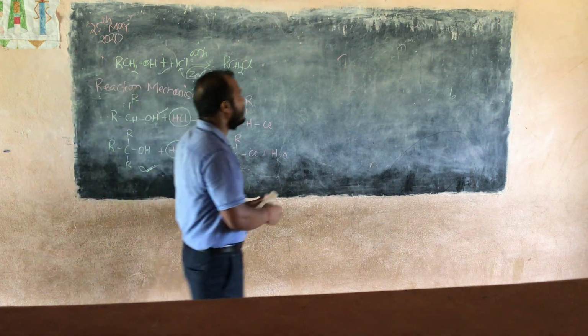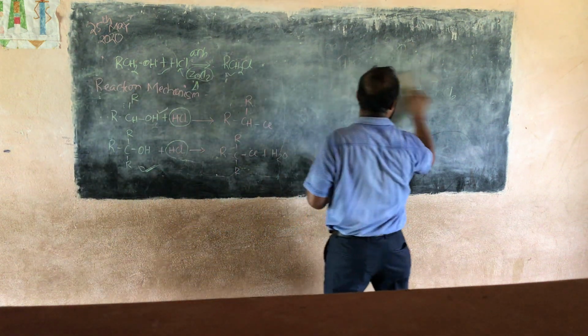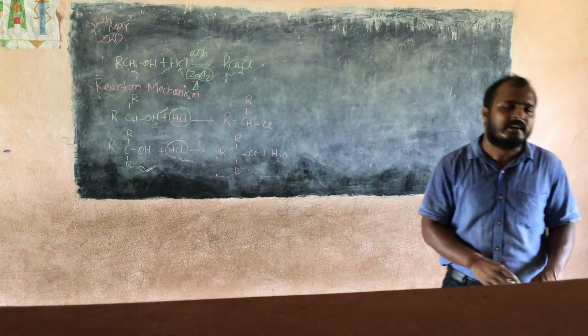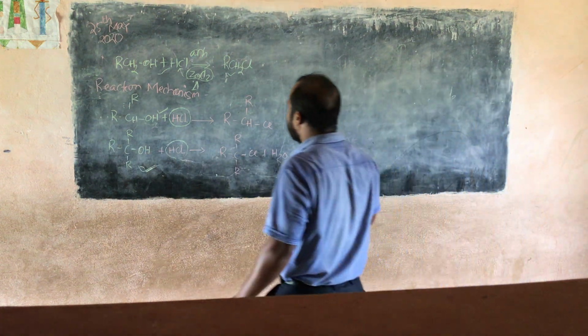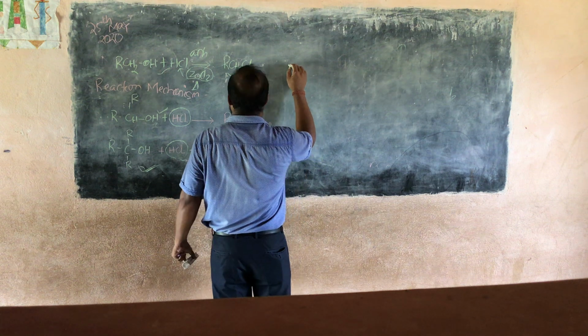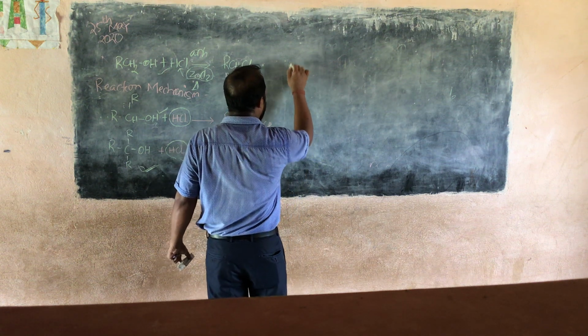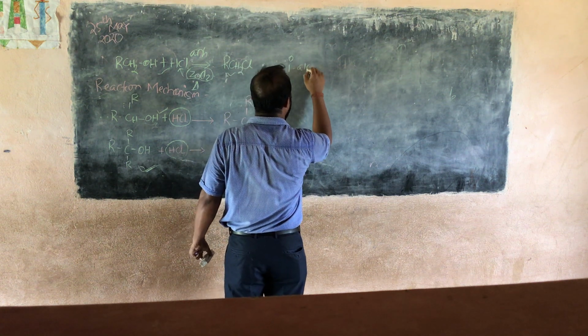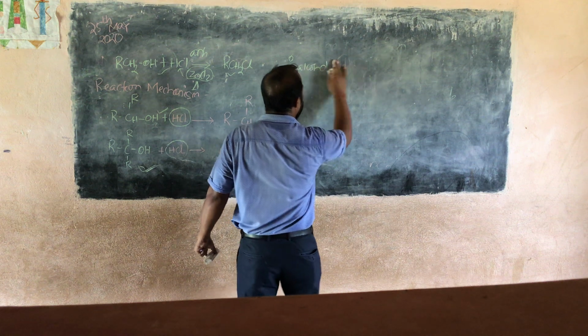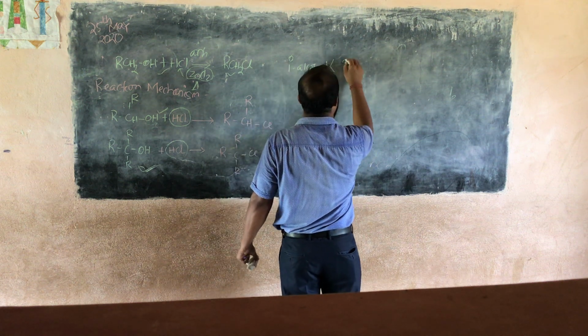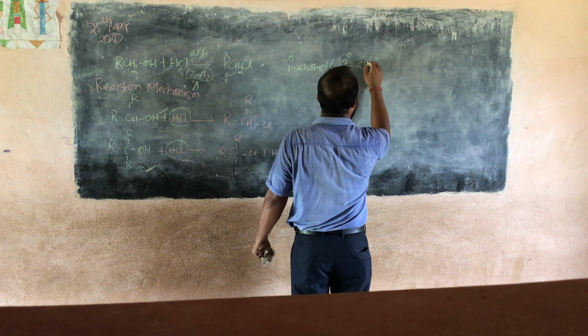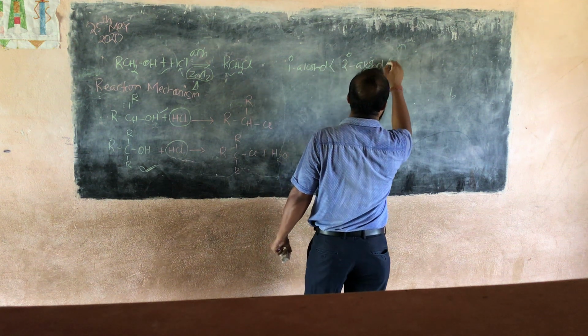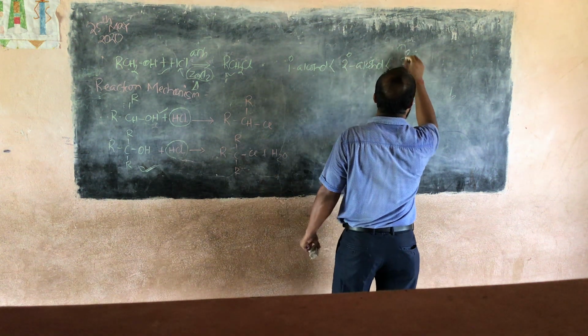So the rate of reaction of primary alcohol, secondary alcohol and tertiary alcohol with HCl can be written as: primary alcohol reacts more slowly than secondary, which reacts more slowly than tertiary.